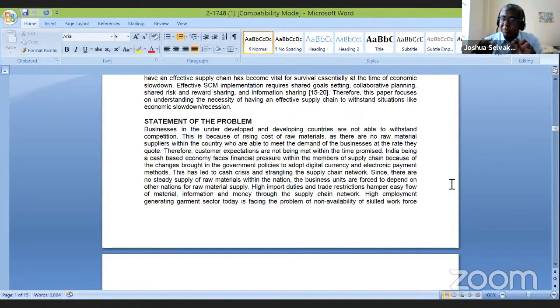Many of the machine component parts also come from China. The spindles and the looms are all coming from China. What can we do? So this is the condition the garment cluster is going through, and I've given the statement of the problem.